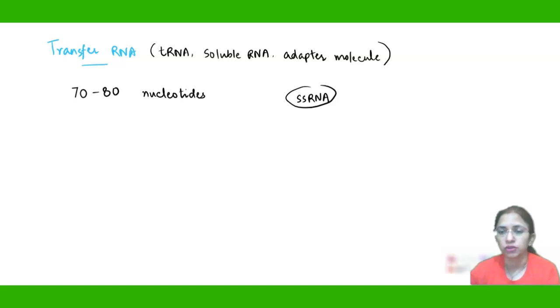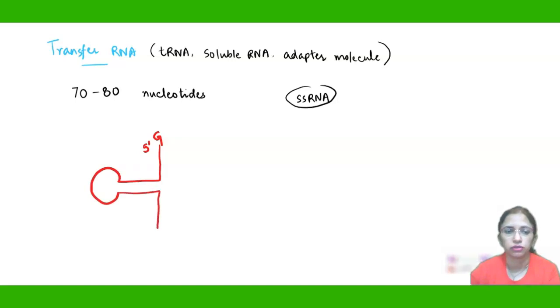Remember, whenever you are going to draw the transfer RNA, you will start from the 5' end. So make sure this is your 5' end, and always show the nucleotide G or guanine at the 5' end. Do follow the steps, and by this you will get full marks.